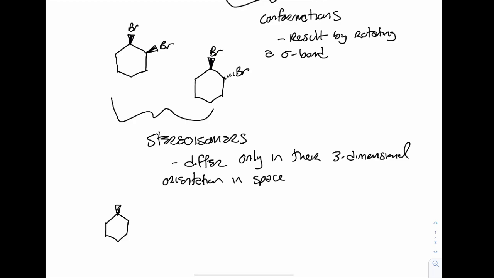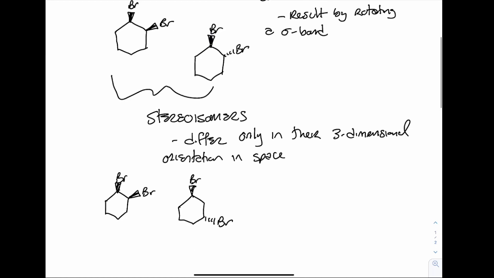So just be careful. If I was to compare this original one to this one, these two are not stereoisomers. These are actually constitutional or structural isomers. They actually are different structures, right?